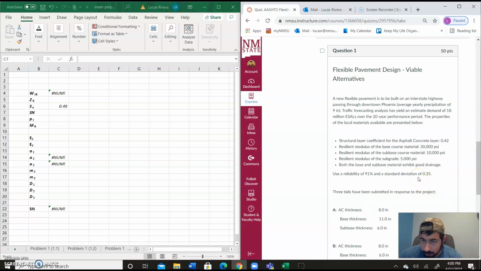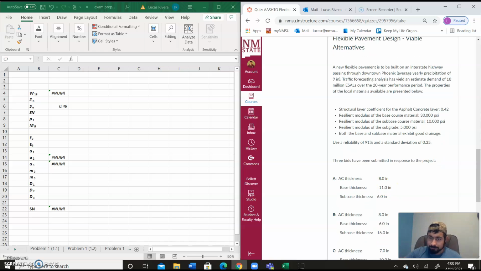Okay, so I've got to input this into the equation. I have the book open on my other screen. Standard deviation of 0.35.